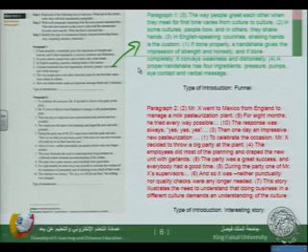So, as you can see, here is the general statement. Because in the introductory paragraph we have 2 sections: the general statement and the thesis statement. So here is the general statement, and then we have the thesis statement right here.